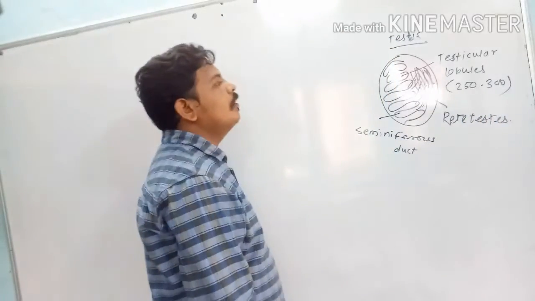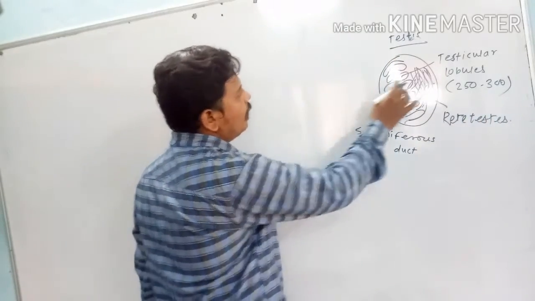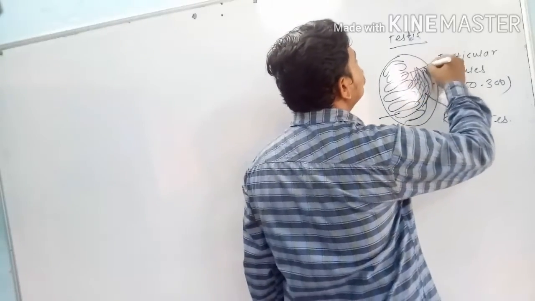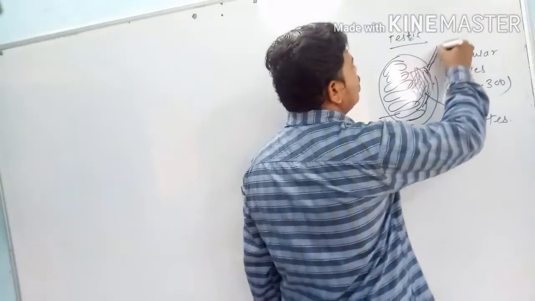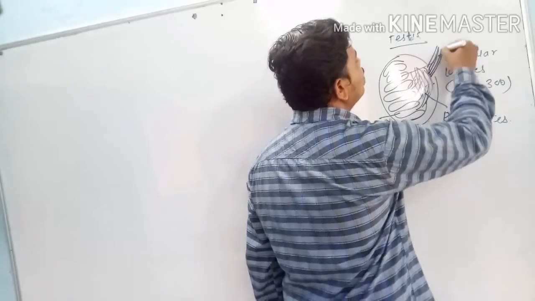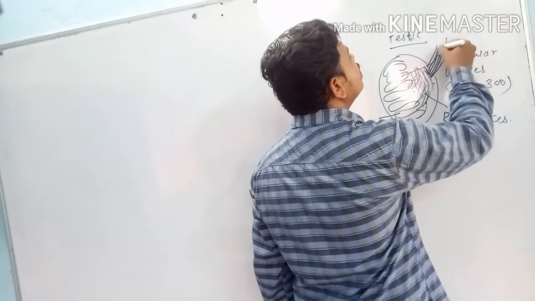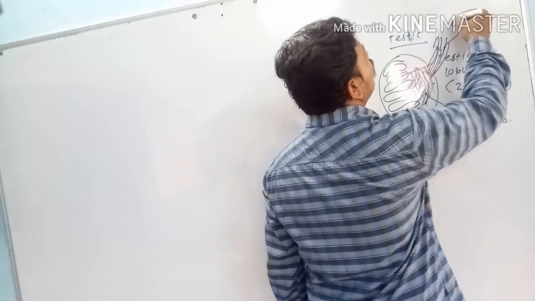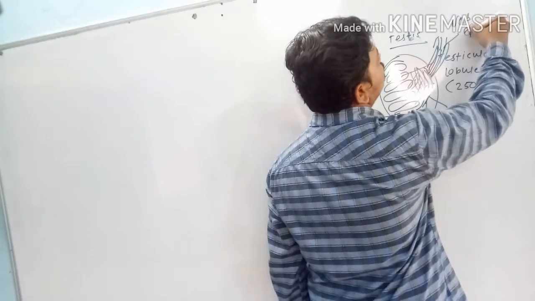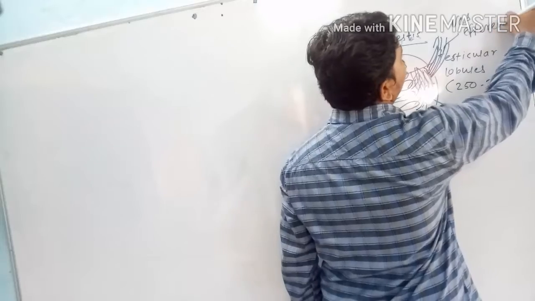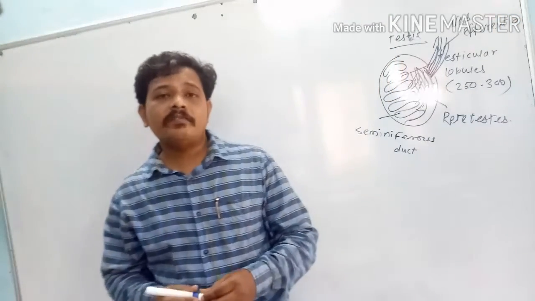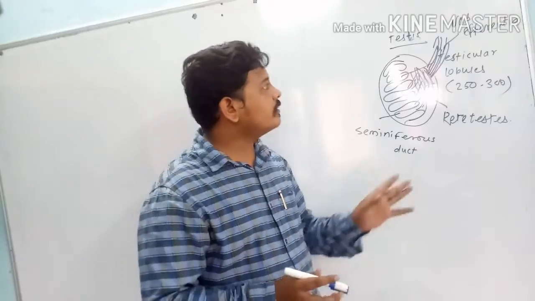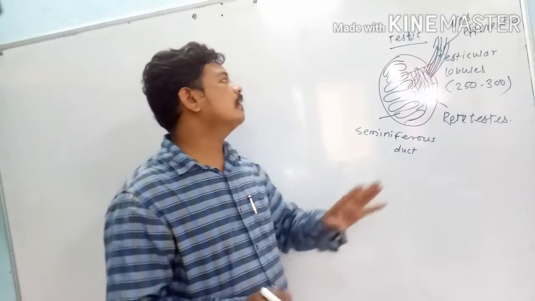Okay, from which 15 to 20 small ducts arise. These ducts are called vasa efferentia. Vas deferens is another thing, and vas efferentia is another. Remember that.